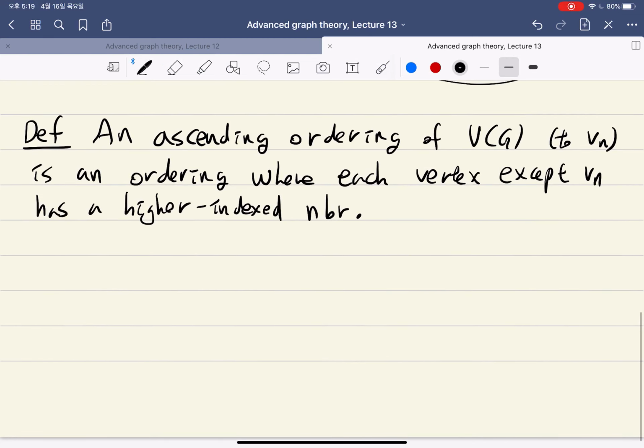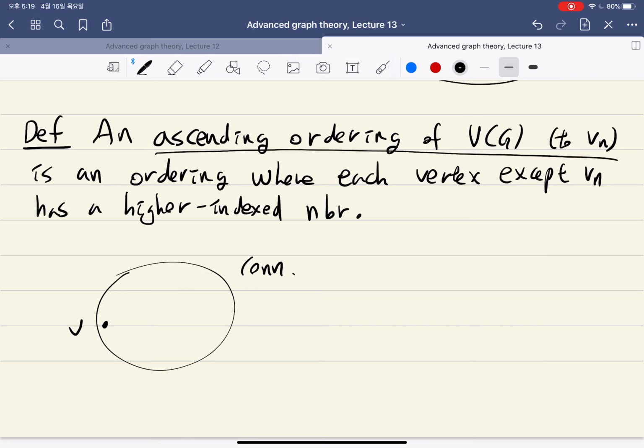So for a given connected graph and a vertex vn, you can always find an ascending ordering ending at this vertex. How do you do it? You just find one spanning tree, and in this spanning tree, let's consider this vertex as the root.